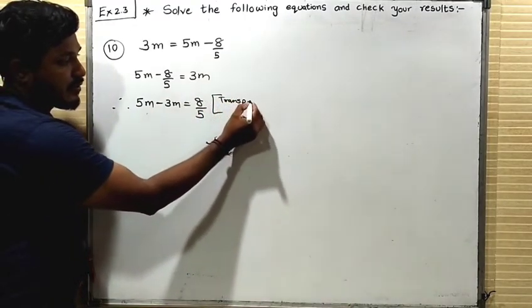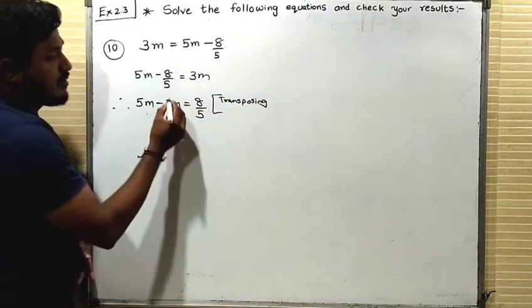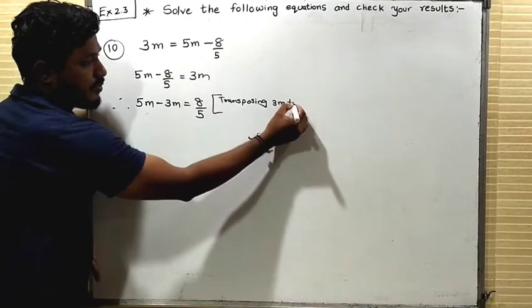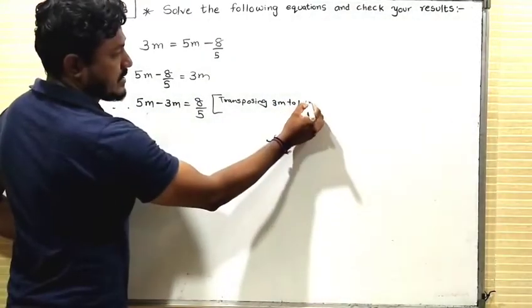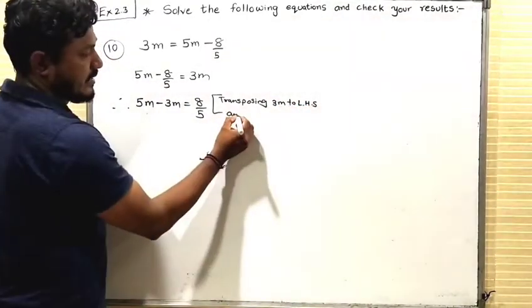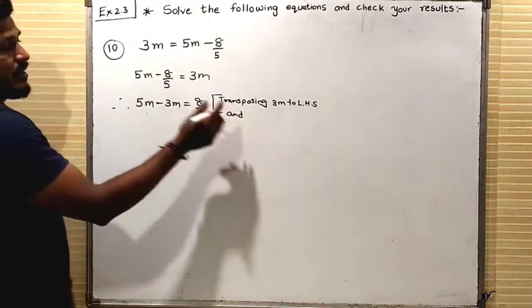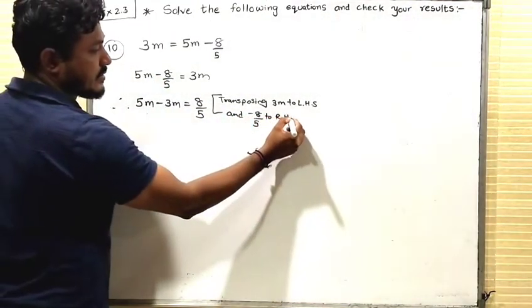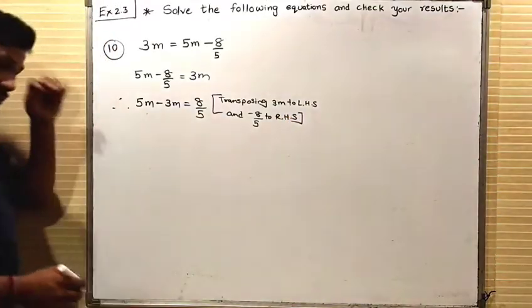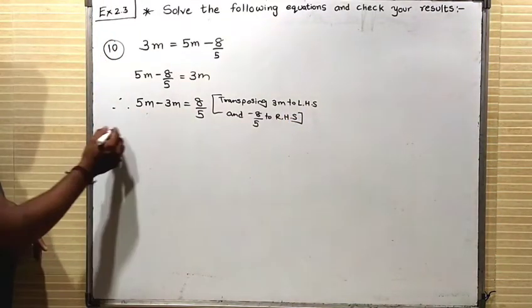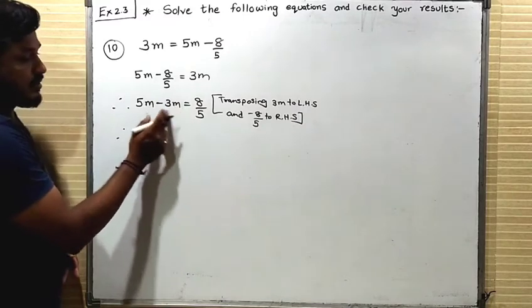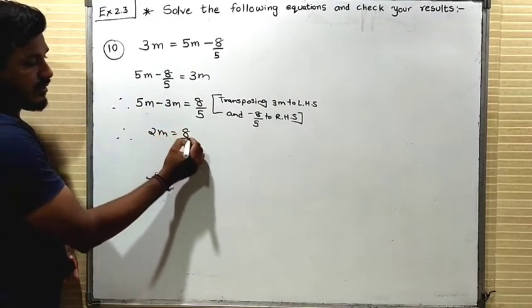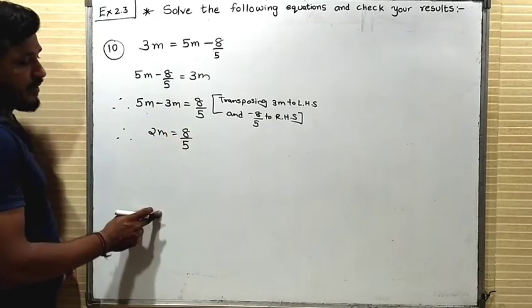Transposing 3m to LHS and negative 8 by 5 to RHS. Now by doing such, now you can easily do subtraction. So 5 minus 3 gives 2m and here 8 by 5.